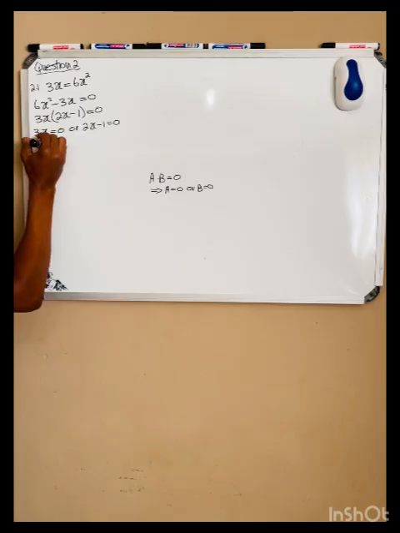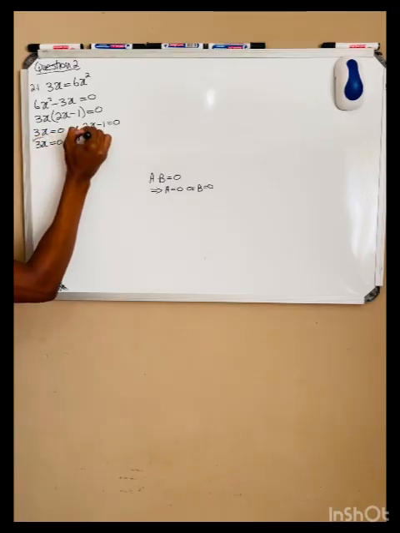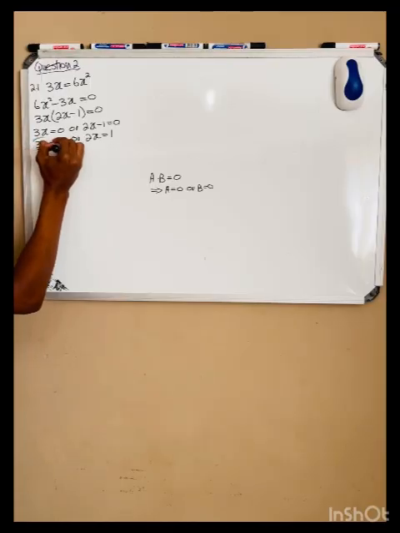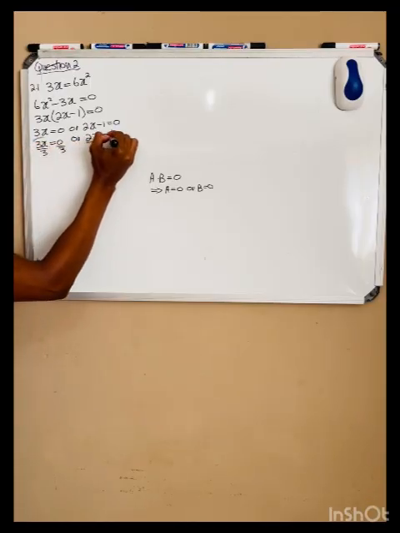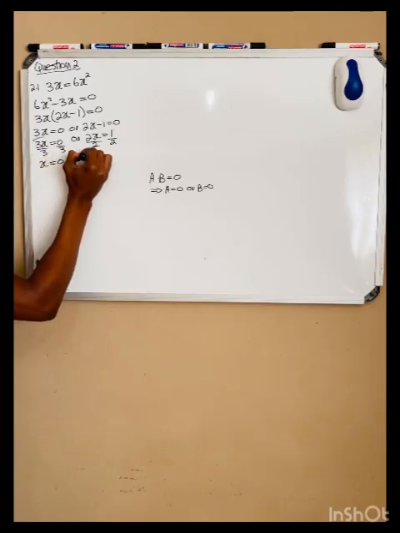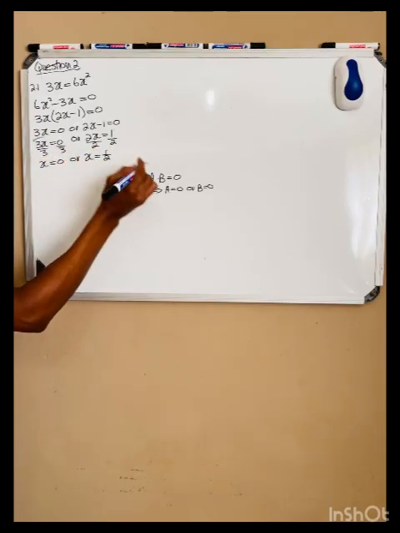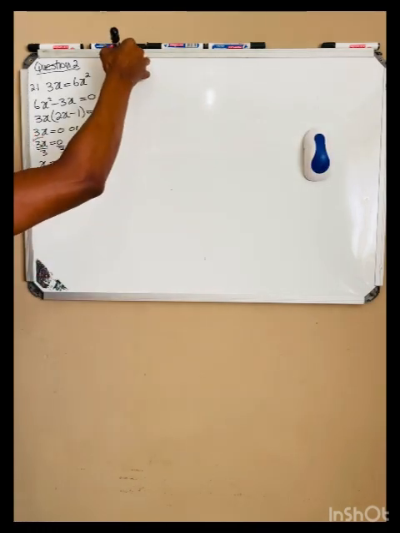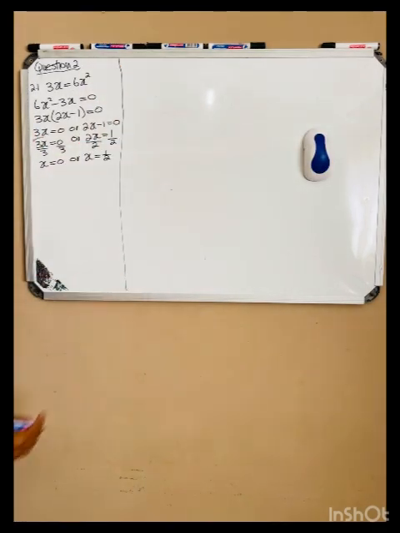So we have 3x equals to 0 or 2x equals to positive 1. We take this to the other side to divide by 3, divide by 2. Then x equals to 0 or x equals to 1 over 2. I hope it's clear. Alright. Then you get, it was 4 marks.